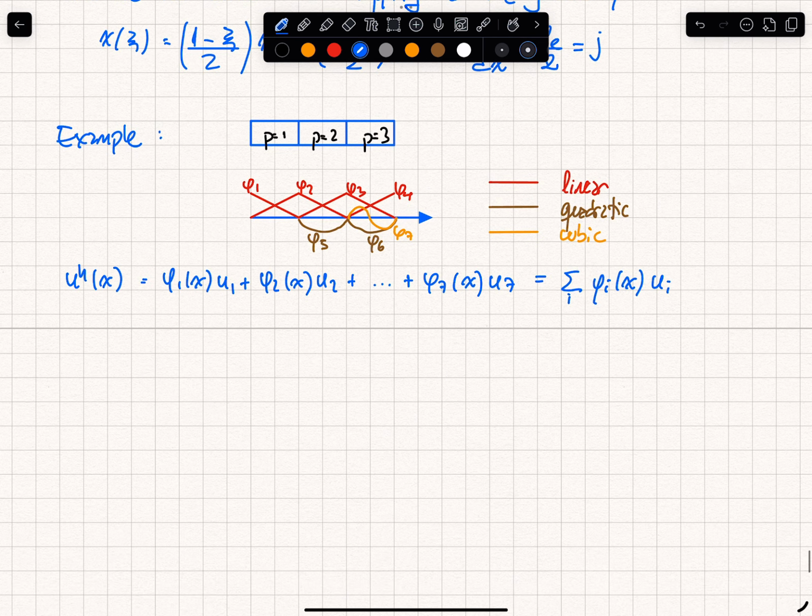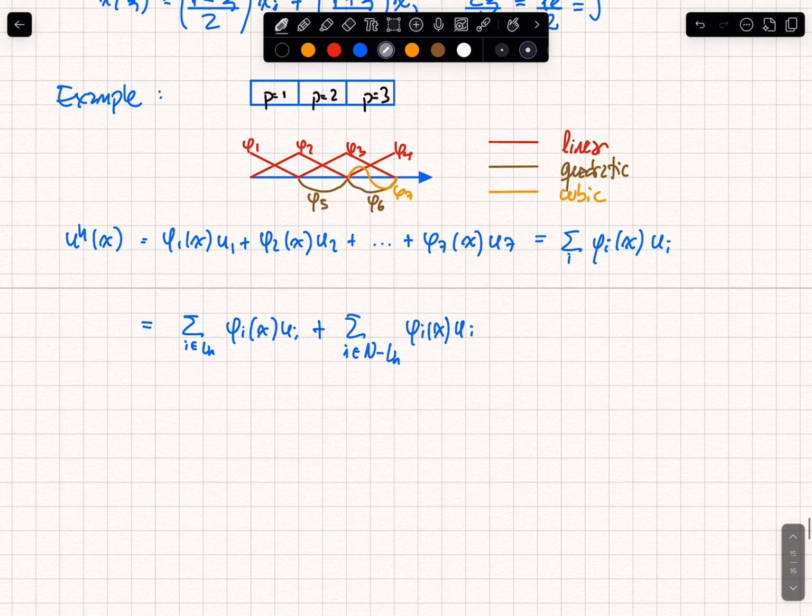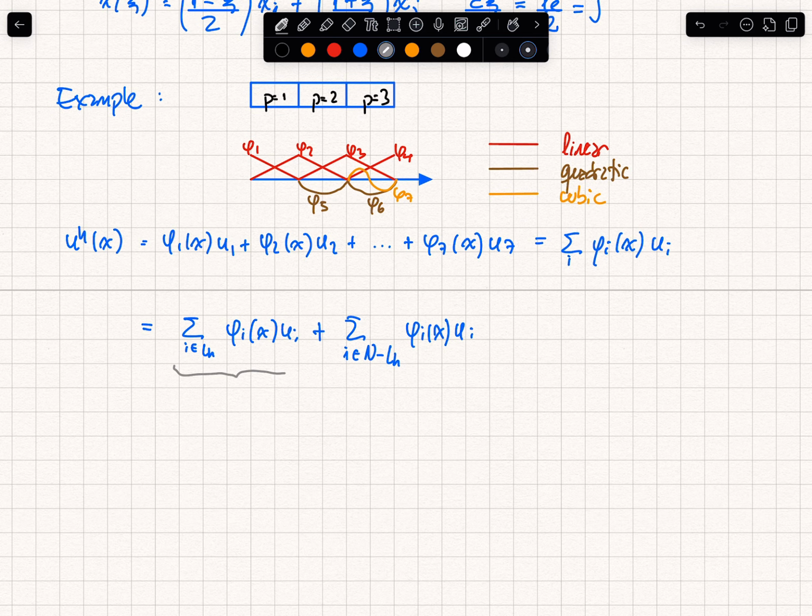I normally also like to see this approximation written this way: u_h plus the nonlinear terms. And I like to write it this way because this function here, the first part, is basically my u_h, my linear h-FEM approximation.